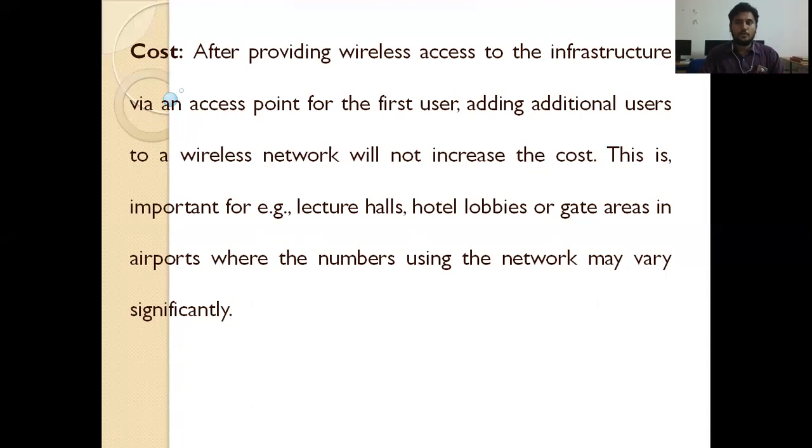One user in your home is connected with one connection. If a second user wants a connection, again you require a cable, again you require a pin. So that increases the cost.